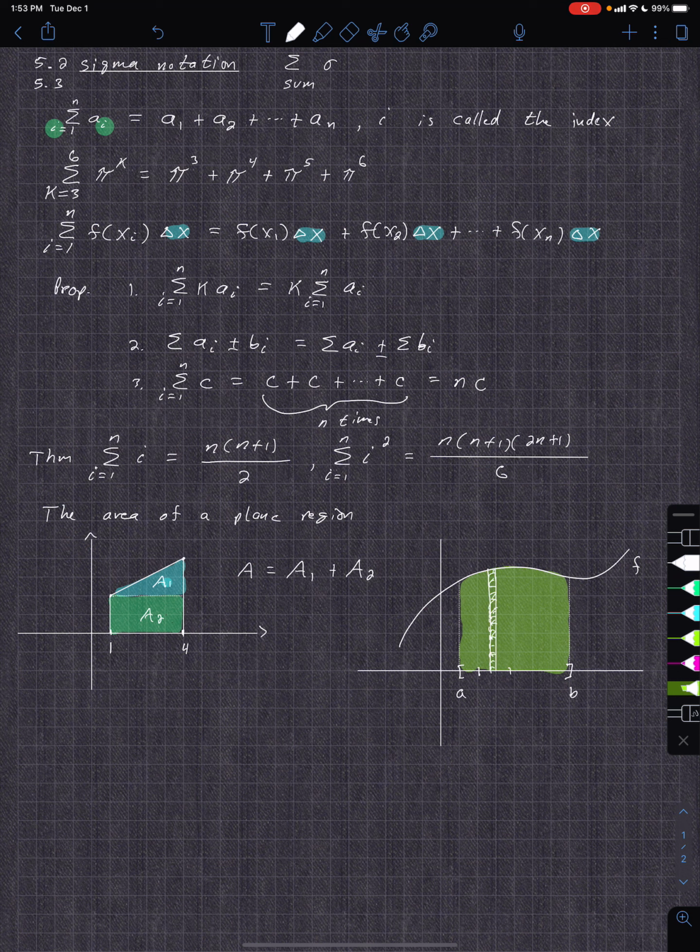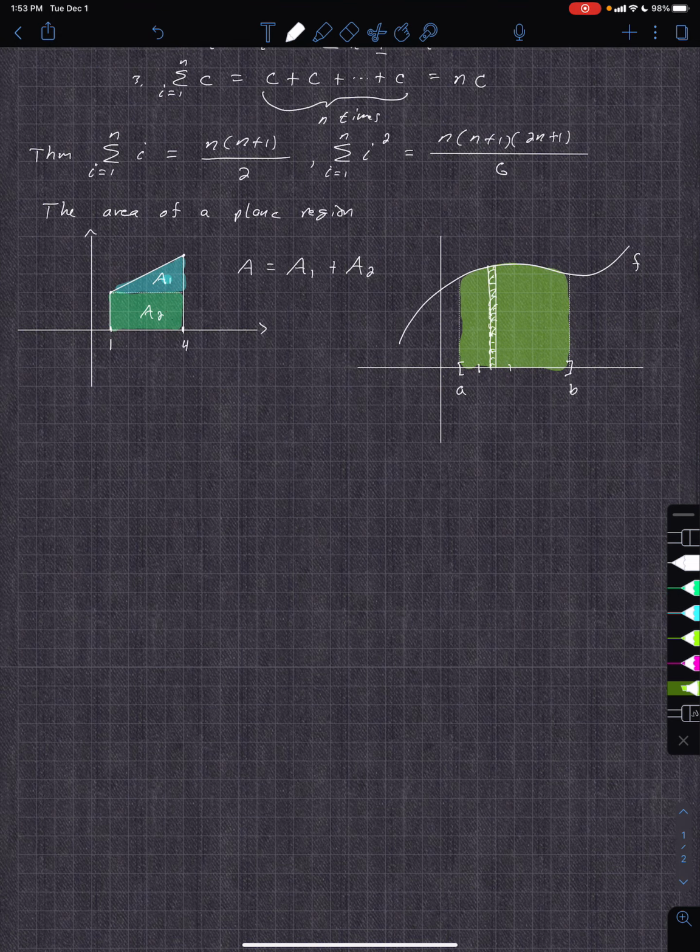Okay, so that's how we're going to do it. Then we're going to add all those up. So I don't get into a whole lot of detail in 5.3 where they do left hand, right hand, and a bunch of rules. But I want to show you the basic concepts of them before we get into the integration. So let's look at these two cases.